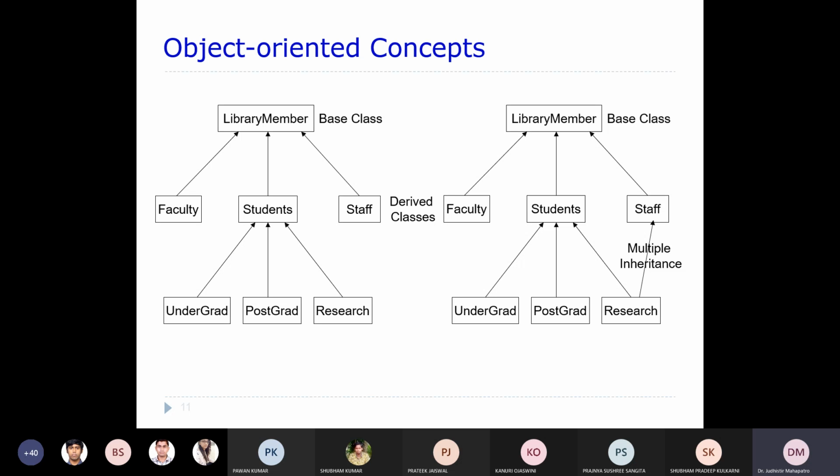In our NIT, for example, there are technical staff, technical assistants. They are staff, and if they are also pursuing a PhD in this department, then they inherit certain properties from staff as well as certain properties from students. This is what we call multiple inheritance. That means this research derived class inherits certain properties from the parent class staff as well as the parent class student.